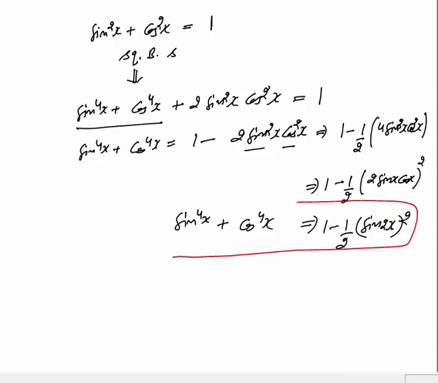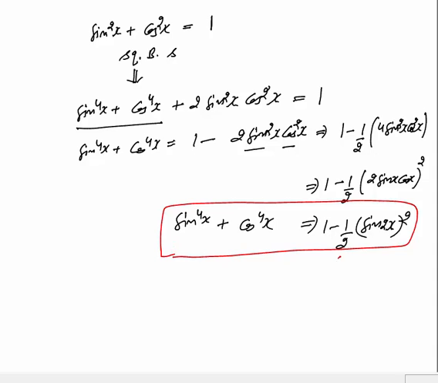Now what I have done during this process is convert sine power 4x plus cos power 4x into a single trigonometric expression of sine. Now I know the minimum and maximum value.